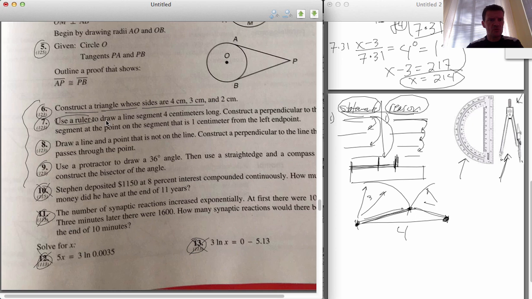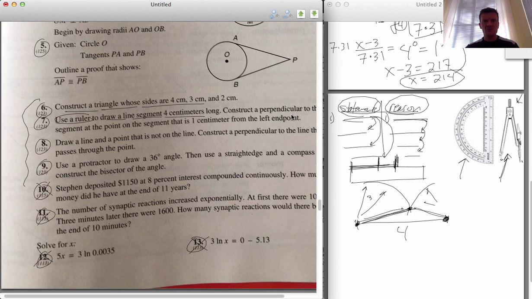Number 7, use a ruler to draw a line segment 4 centimeters long. So just like we did, construct a perpendicular to the segment at the point on the segment that is 1 centimeter from the left end point.